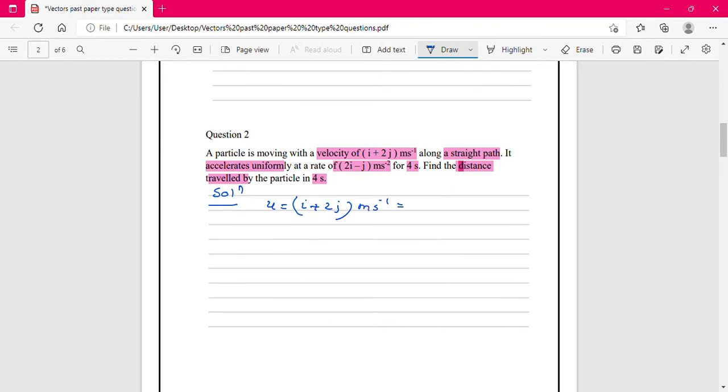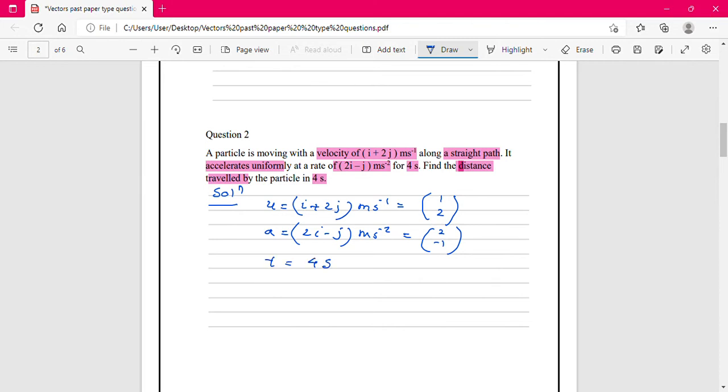So write that as a column vector (1, 2). It accelerates uniformly, a is 2i - j meters per second squared, that is (2, -1), and you have to find the distance traveled in 4 seconds.